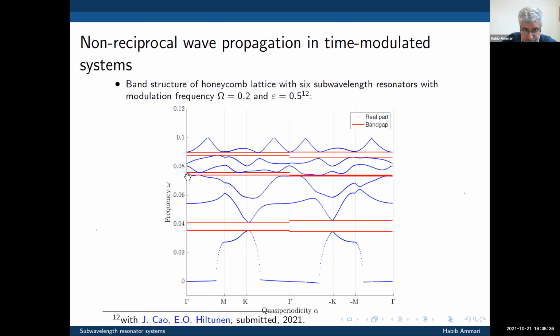So if you take a wave with a frequency inside this band gap, it will not propagate, let's say, from the left to the right. It propagates only from the right to the left and not from the left to the right. So we achieve this non-reciprocal wave propagation by using this kind of well-designed time modulated system.